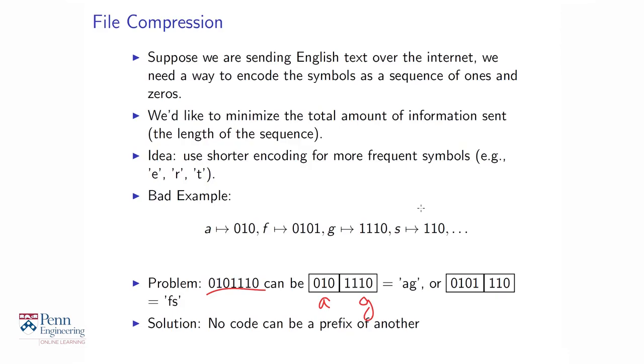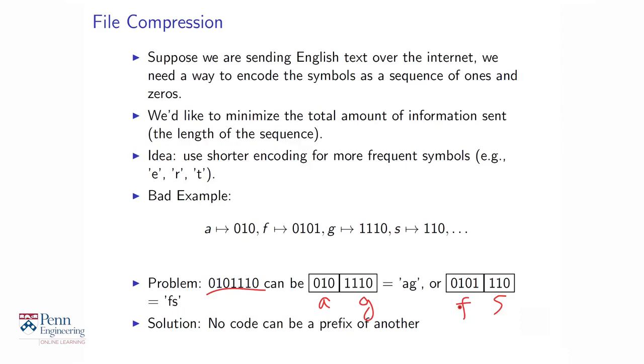Or you could break it up this way as 0, 1, 0, 1. The first four bits represent an F, and the last three bits represent an S. The problem is this is ambiguous. Someone receiving the sequence of bits, the 7-bit sequence, will not know if you sent AG or FS.